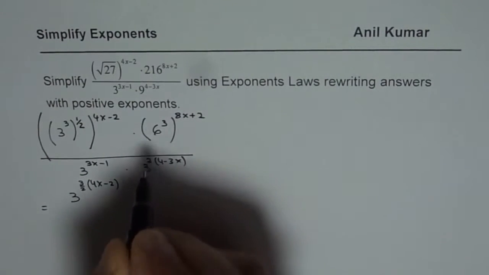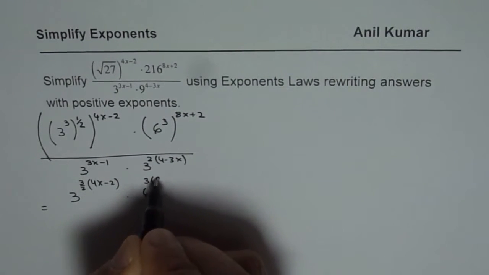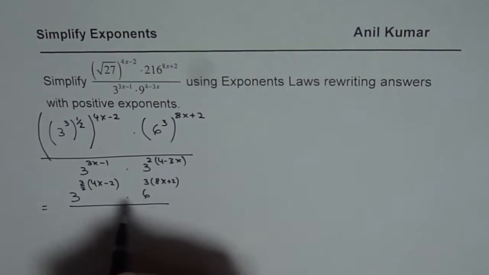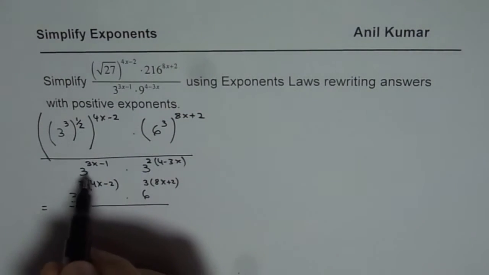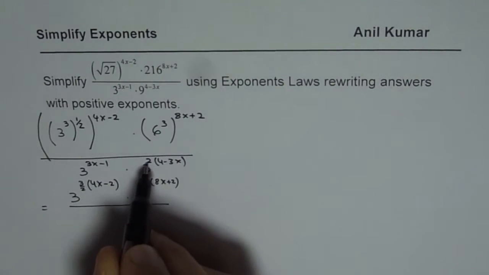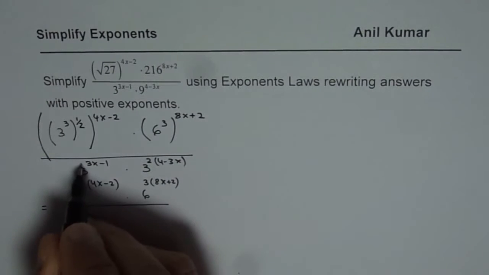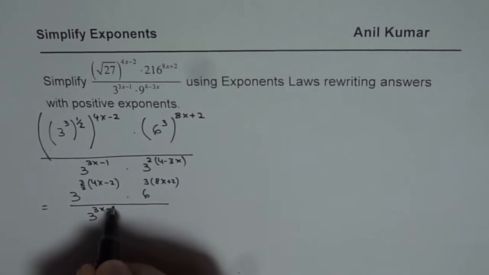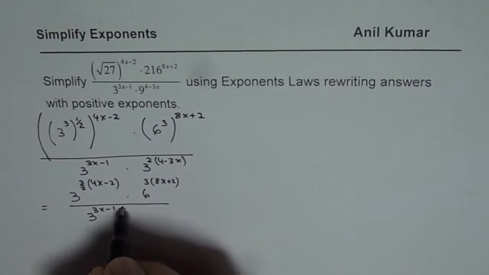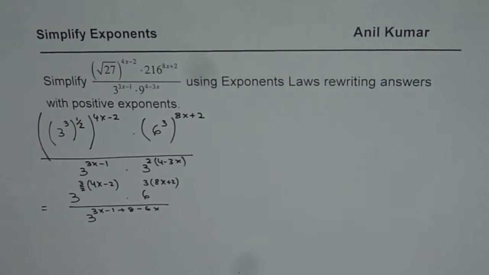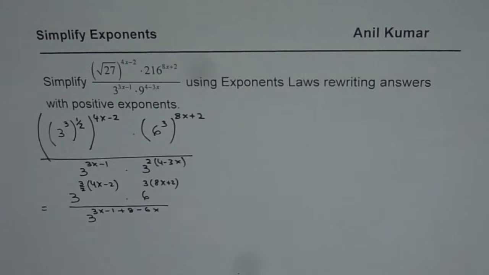Times 6 to the power of 3 times 8x plus 2, divided by 3 to the power of 3x minus 1, and then all this. We can add them up, right? So we have 3 to the power of, we'll add them up, 3x minus 1, open this, so we have plus 8 and minus 6x, is that okay? So we could write it like this.